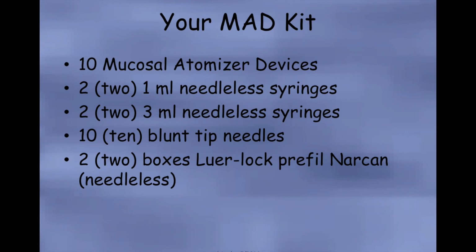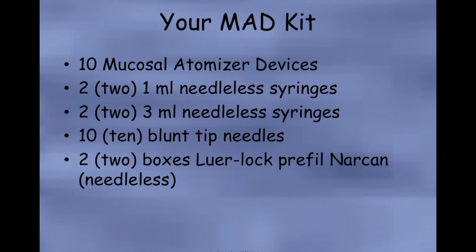Your MAD kit is going to be set up and organized and decided by operations, of course. Here are some things I know you're going to need in them and some suggestions here. You're going to need, obviously, the cones, the mucosal atomizer devices. You're going to need needleless syringes, 1 mLs and 3 mLs.